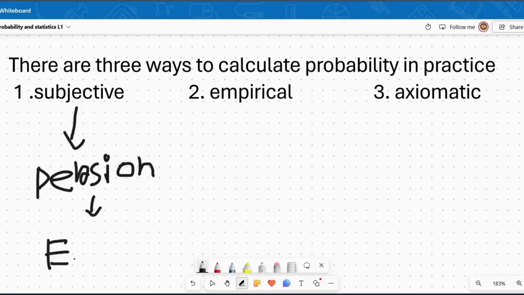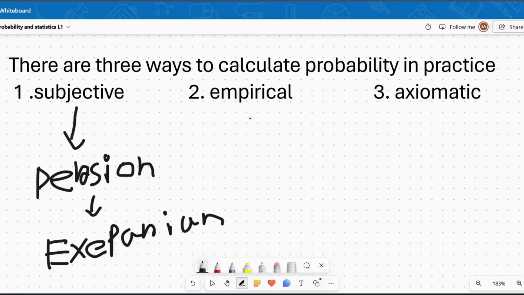For example, if you ask some people who will win in the next match of Bangladesh versus Australia, the person who regularly watches all the matches of Bangladesh would definitely say Bangladesh has less chance to win against Australia. So that is subjective.